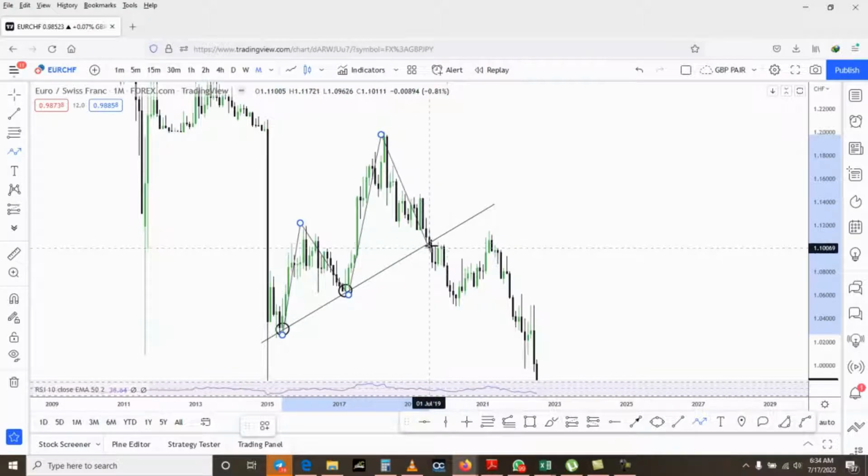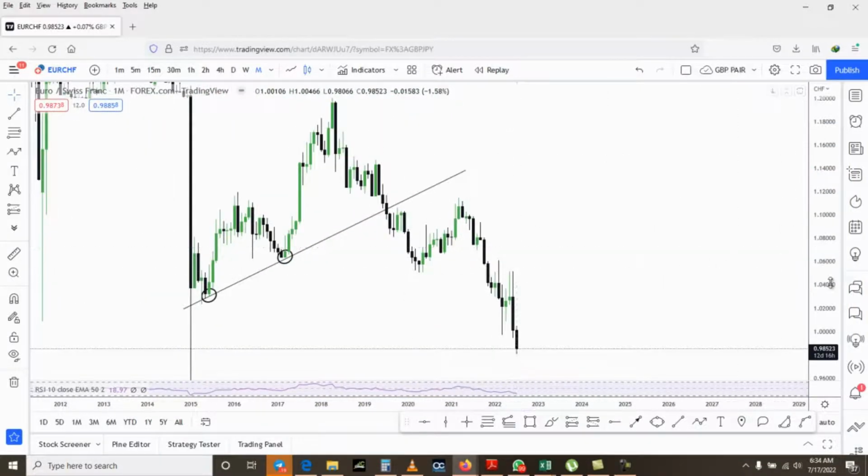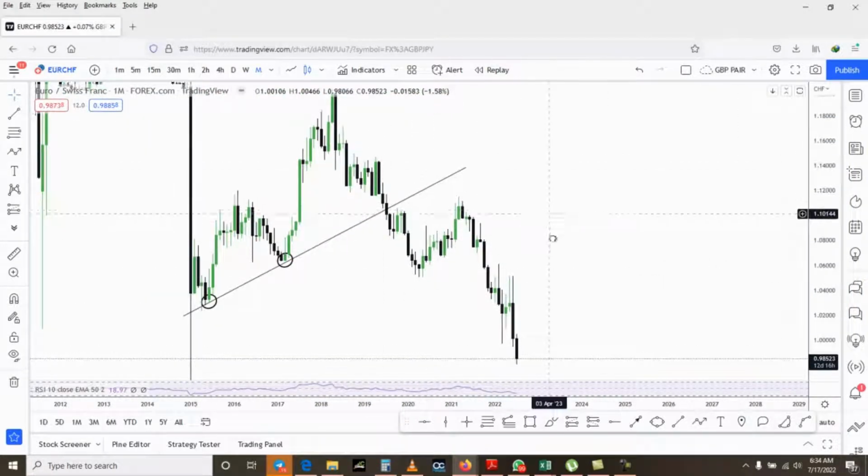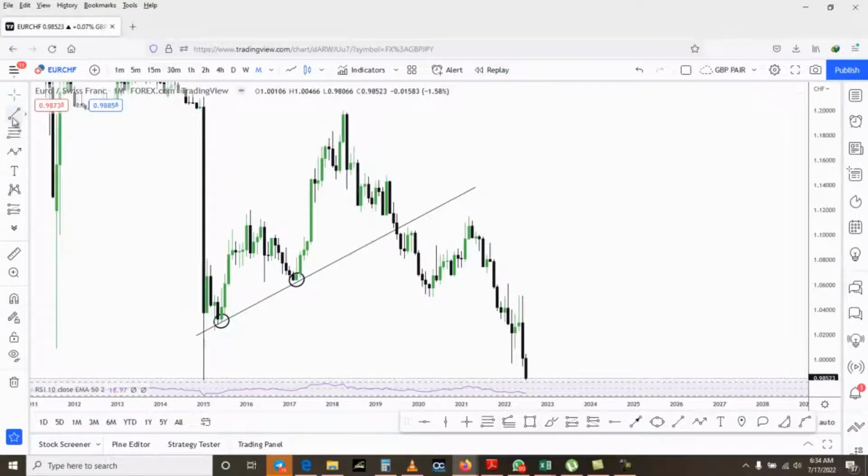Now at this point, where we also have a third touch, we didn't get a third bounce. We broke, came down and did this. So price kept dropping and dropping on the monthly time frame. So we have yet another trend line here.